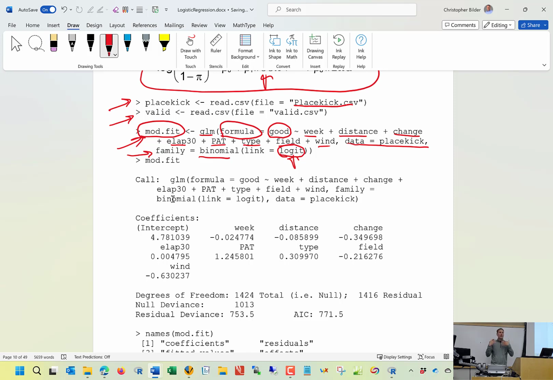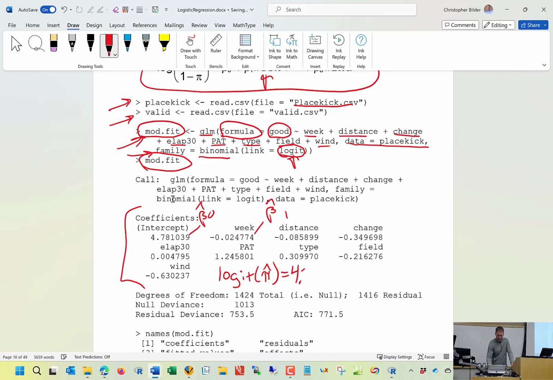And so if I run the code and then just simply type mod.fit, I get all my beta hats. So here's beta hat 0, here's beta hat 1. Based upon that, I can write out my estimated model like this. Notice I say logit of pi hat, because now this is my estimated model versus my true model.